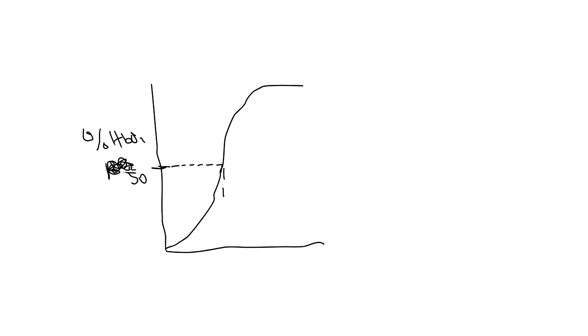So the partial pressure of oxygen, I don't know what that number is, but let's say it's 40. Does it make sense? Looks just like our curve we had before. 50% of the hemoglobin bound to oxygen at this partial pressure.